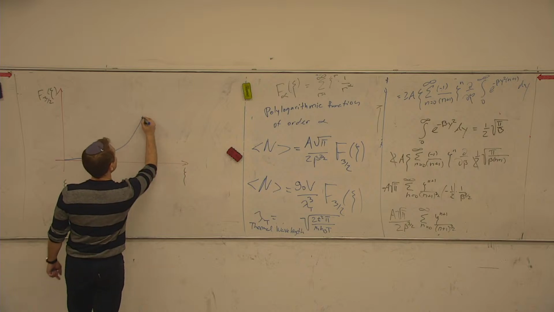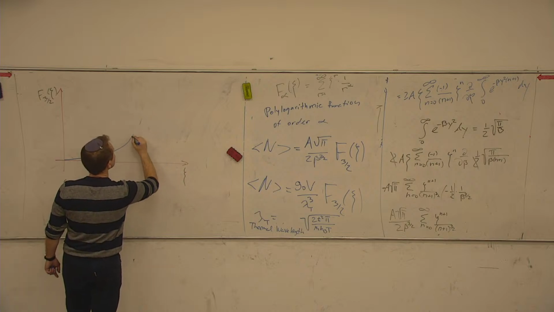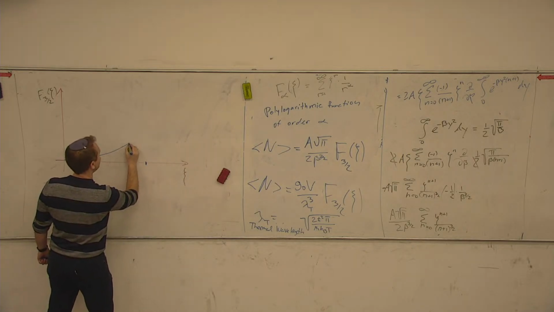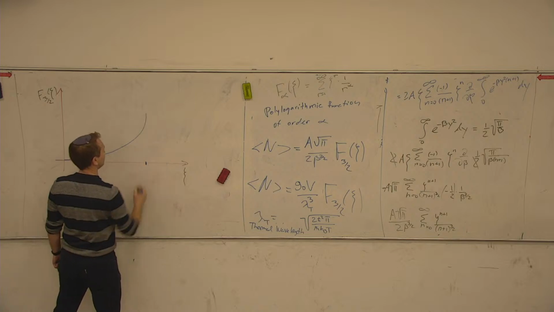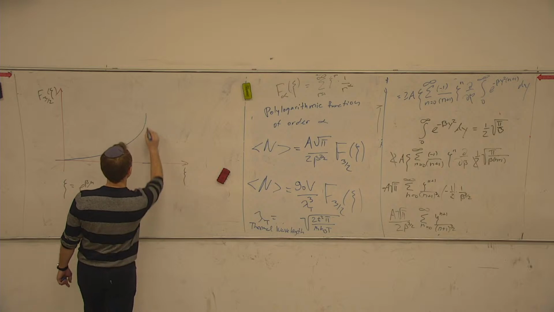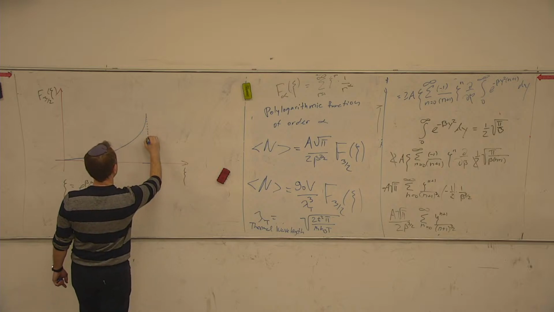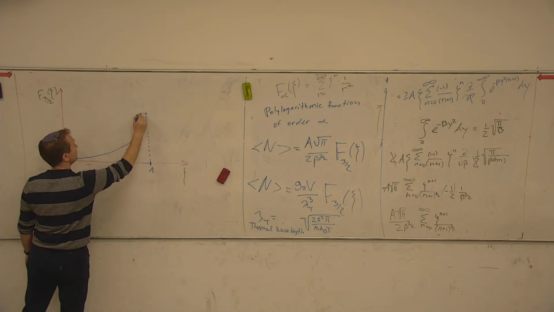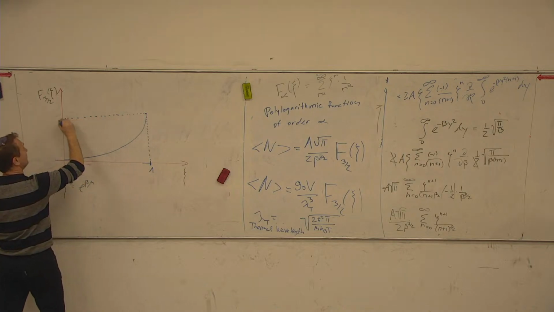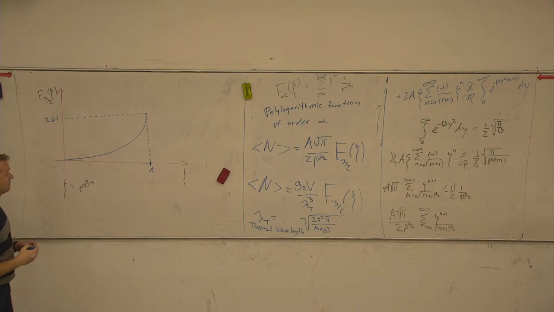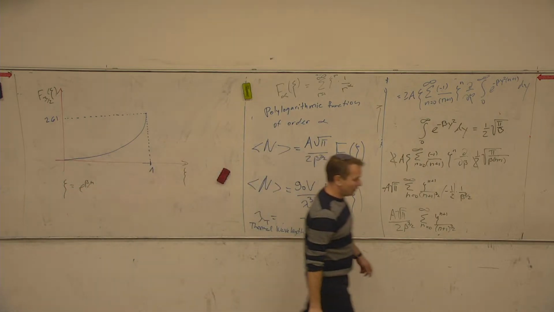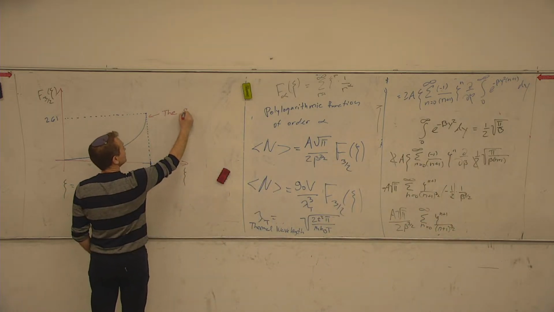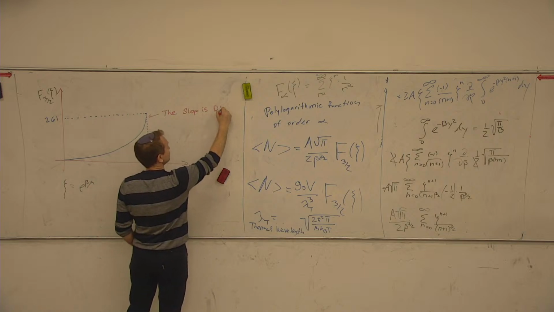Basically, the slope of this function diverges. At one, this has a finite value, 2.61. Okay. And the slope is diverging.